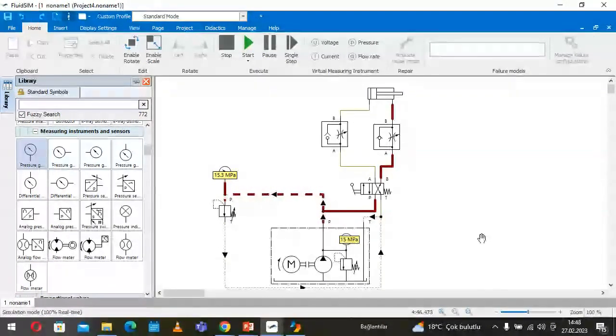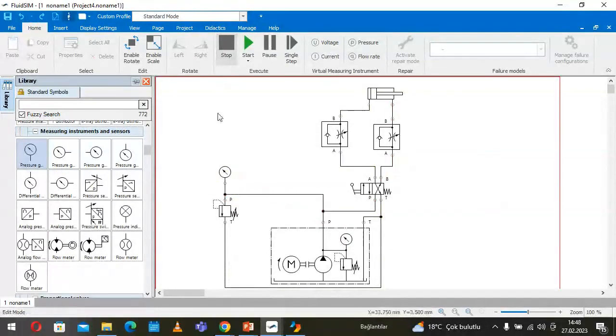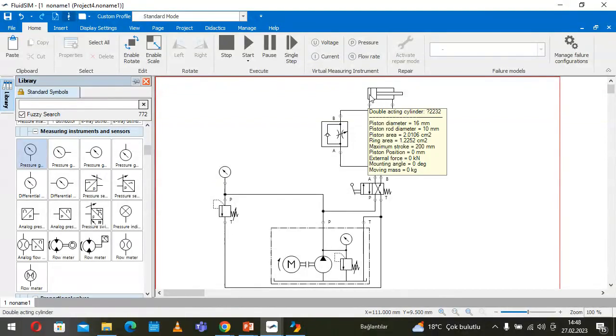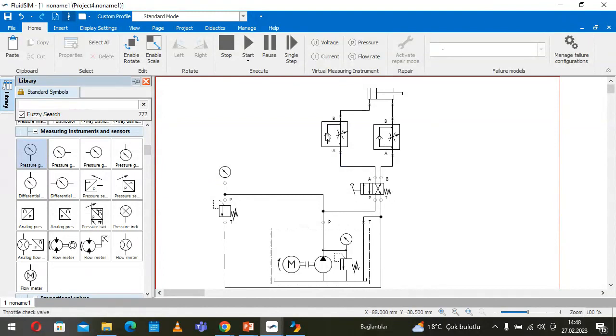So how can we reduce or increase the pressure? If we need to adjust the pressure here, let's say on the piston side, then we have to use another pressure regulator.